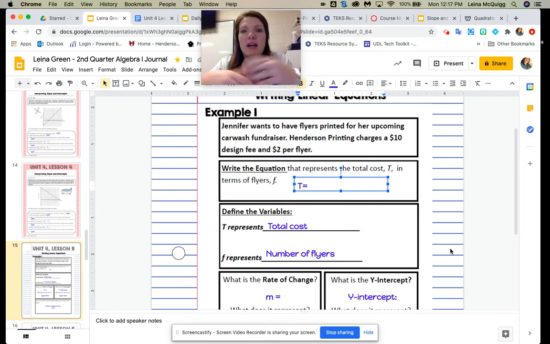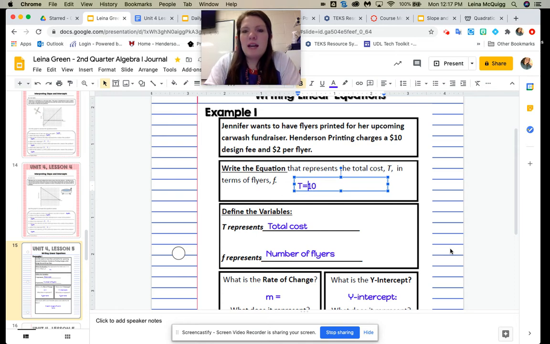So normally you would just pay for that design fee one time. If it says design fee or service fee or anything along those lines, that's just a one-time payment. Okay, so we have 10.